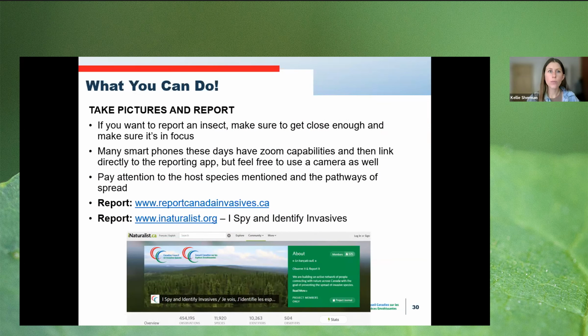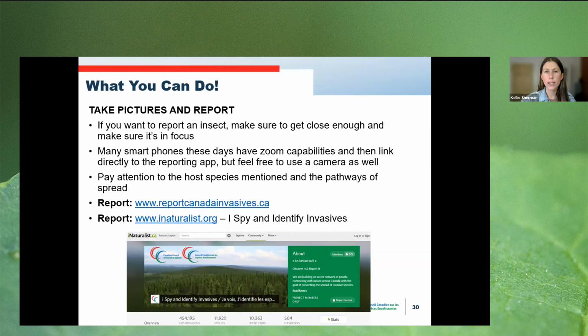And then in terms of what you can do, tying it back to James at the start in terms of iNaturalist, again, just taking pictures and reporting. And like you said, you don't need to be an expert. And if you do choose things like iNaturalist, it's nice because if you upload a picture, it can give you similar species in the area to help you ID that species, but also there are a community of people to help confirm what that species is.